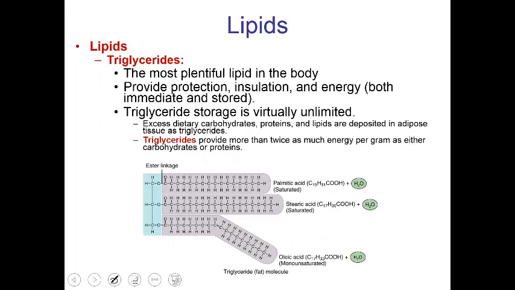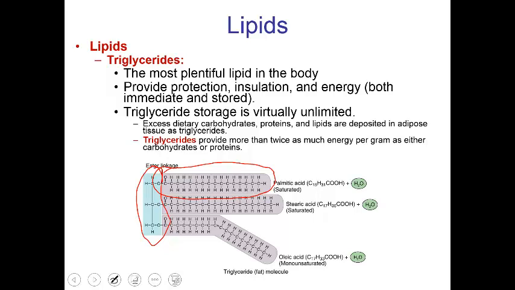Some of the most common lipids in our bodies are triglycerides. Each lipid molecule has a glycerol backbone. So this circle right here is glycerol. If it has one fatty acid chain attached to it, it would be referred to as a monoglyceride.